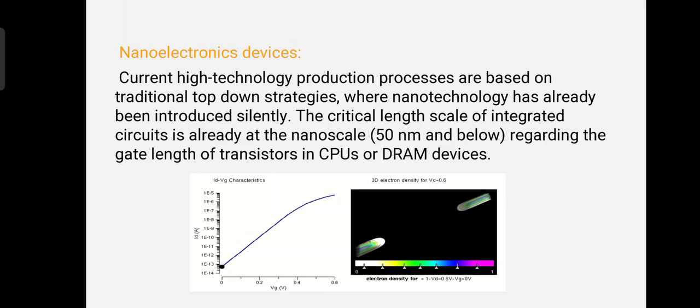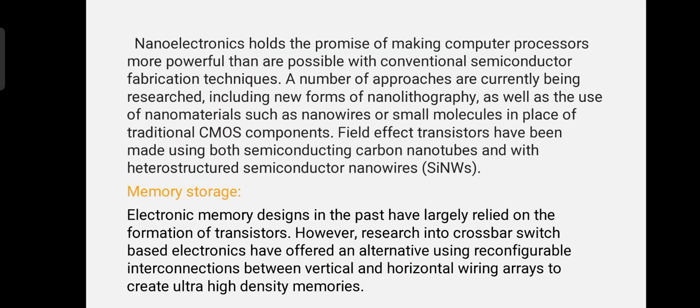The critical length scale of integrated circuits is already at the nanoscale, 5 nm and below, regarding the gate length of transistors in CPUs or DRAM drives. Nanoelectronics holds the promise of making computer processors more powerful than is possible with conventional semiconductor fabrication techniques.